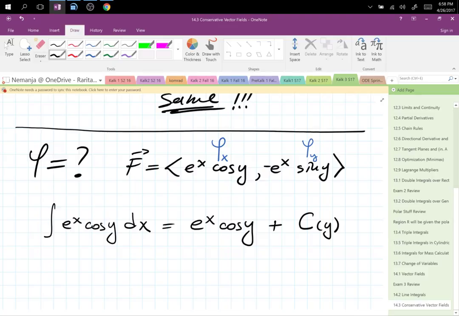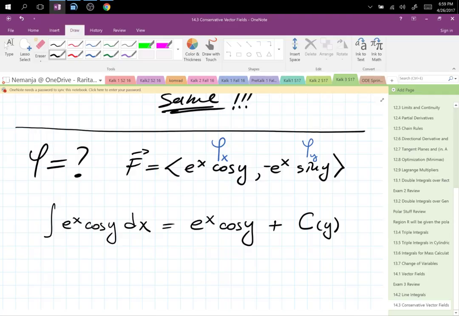Now, it's plus c as a function of y, because if I differentiate this using a partial derivative, this is going to die. So if this is maybe y squared, it's going to be 0. If it's 3, it's going to be 0. So I have to leave that as a possibility to be a function in terms of y. Do we all see that?